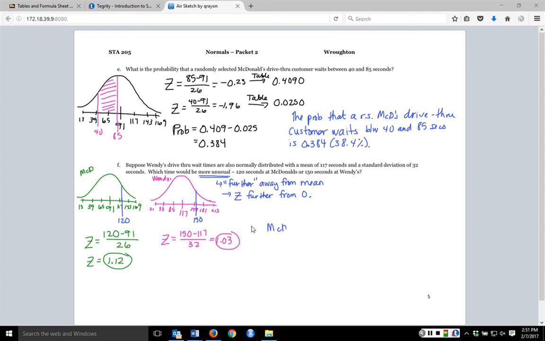So I can say that the McDonald's time is more unusual because it is more standard deviations away from the mean than the Wendy's time.